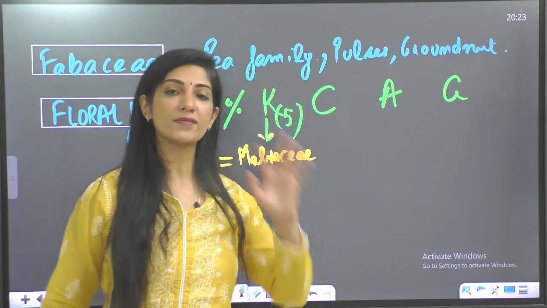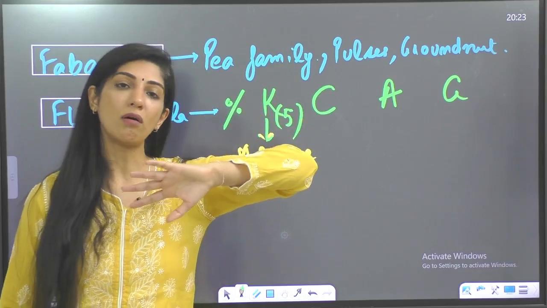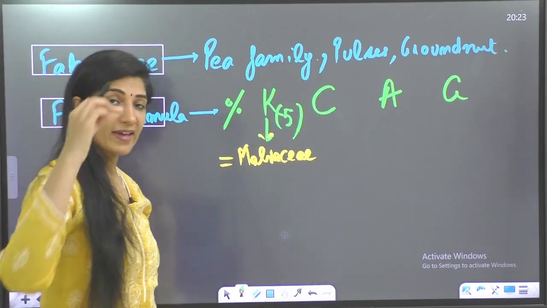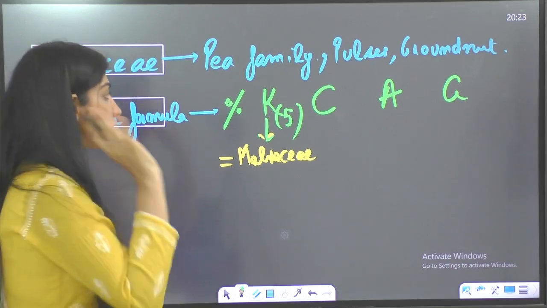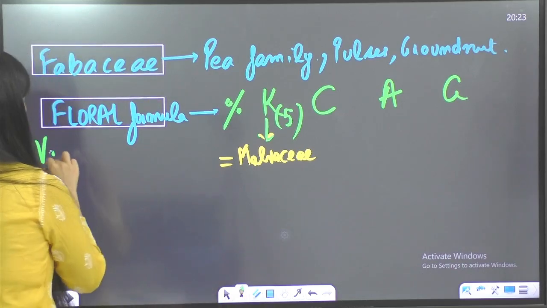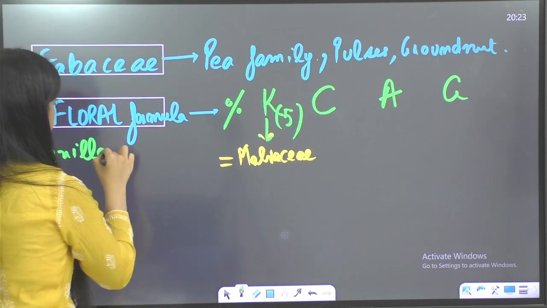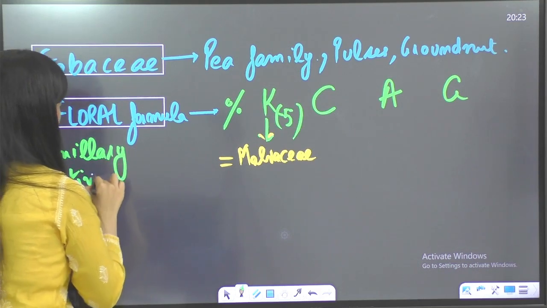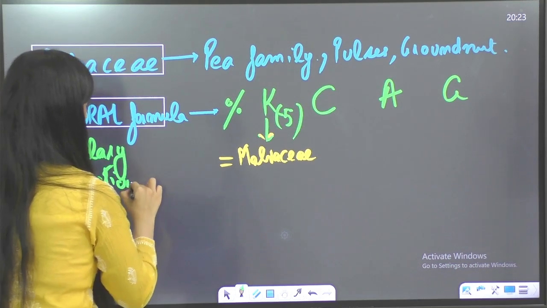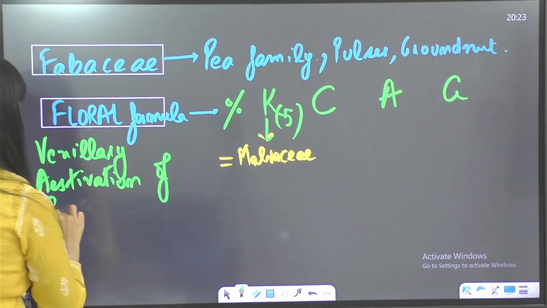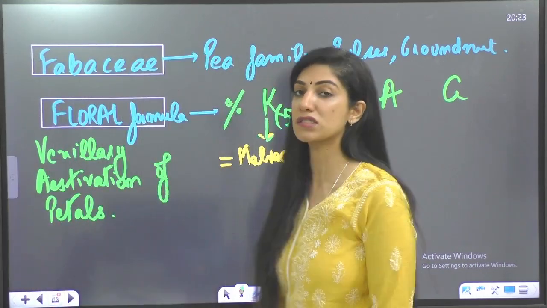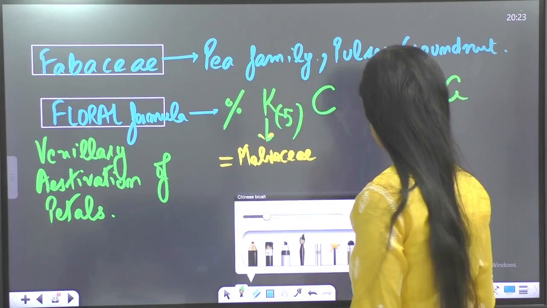Most of you have seen me going all happy and bubbly when it comes to vexillary estivation. Vexillary estivation is a very, very important question. Vexillary estivation is a characteristic feature of petals of Fabaceae family. Not sepals, but petals.